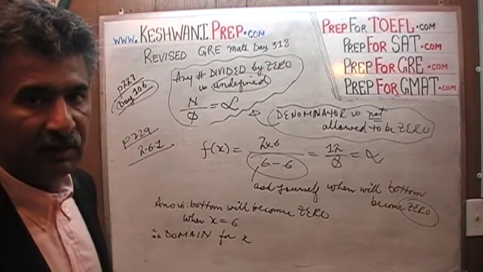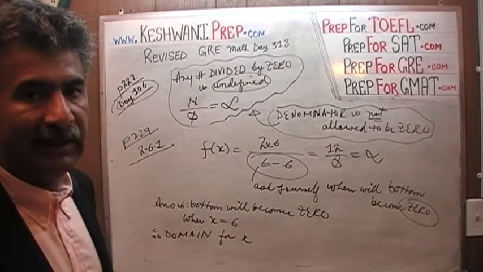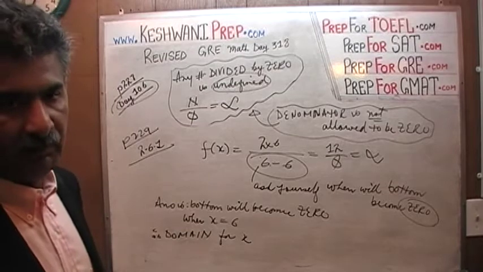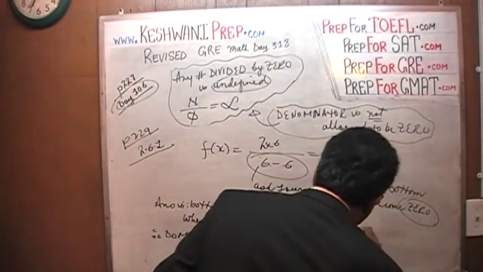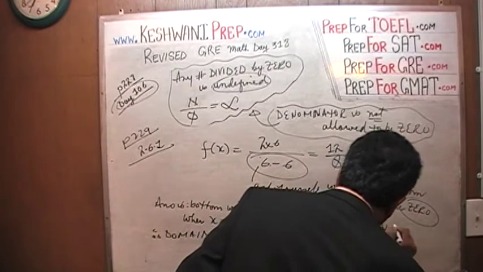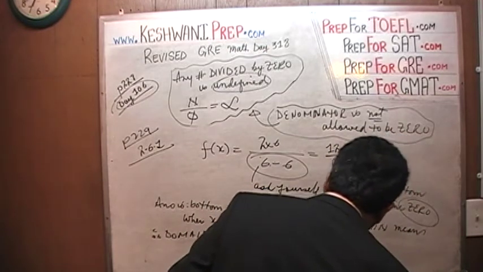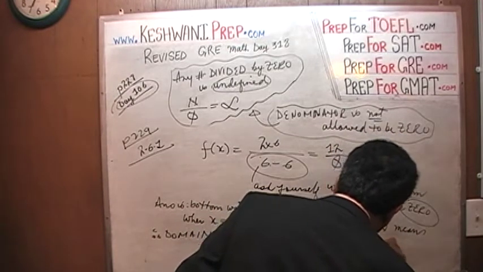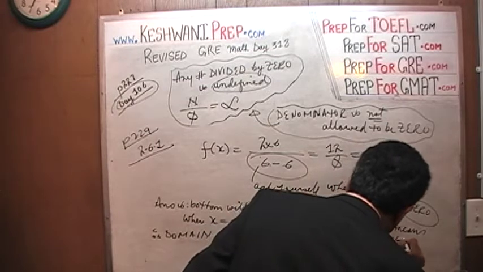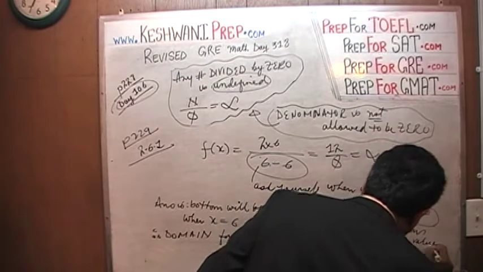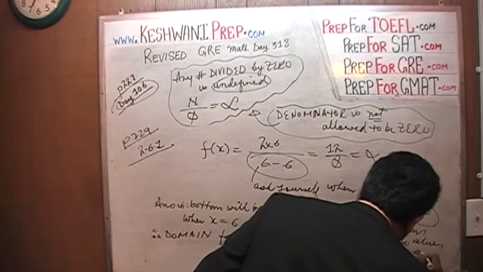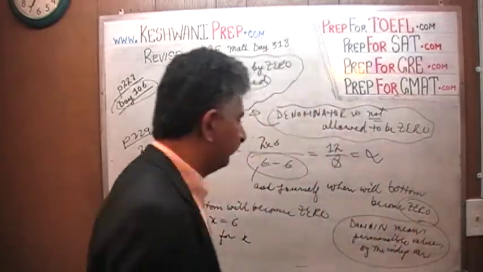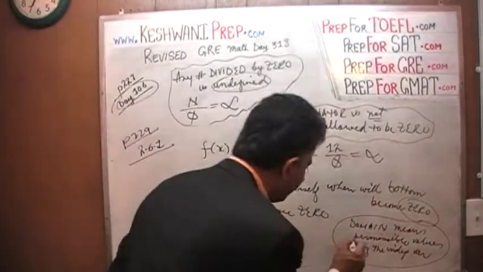Domain means permissible values of the independent variable.